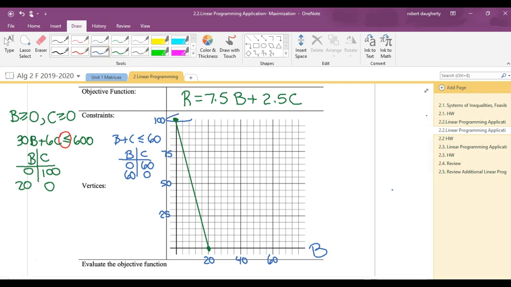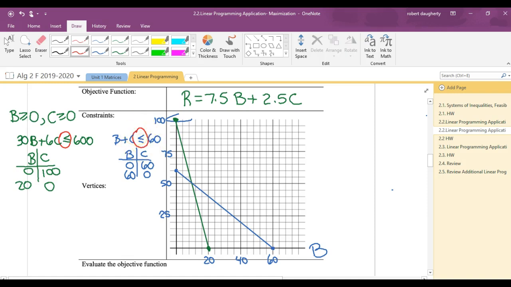I'm going to have 0, 60, so that is right here, and 60, 0, which is right here. And let's connect the line with those two. And again, this constraint that you see right here is telling me to shade below this line.